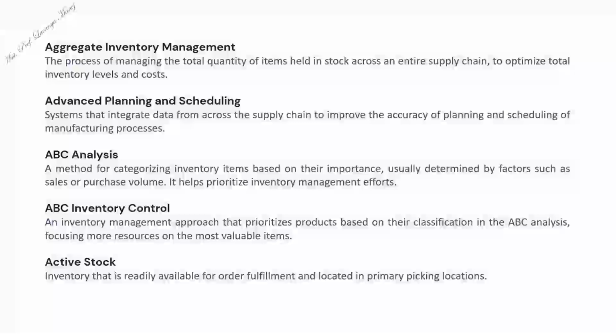Okay, so advanced planning and scheduling: systems that integrate data from across the supply chain to improve the accuracy of planning, scheduling, and manufacturing processes. There are various softwares available to streamline the supply chain process, to track the product, the inventory, the stock, and to investigate where it has gone wrong.